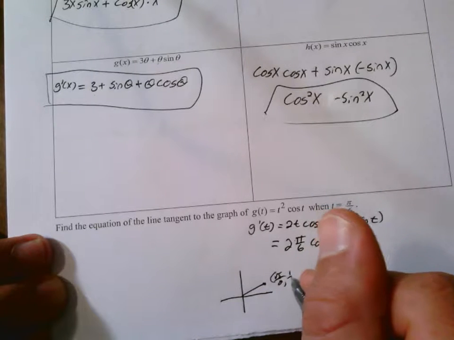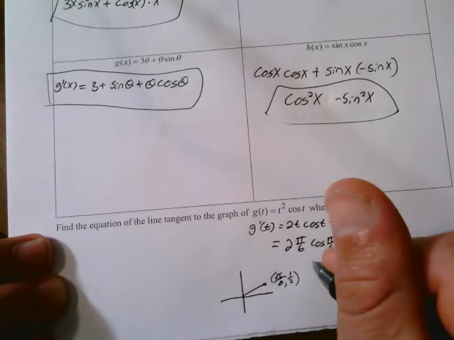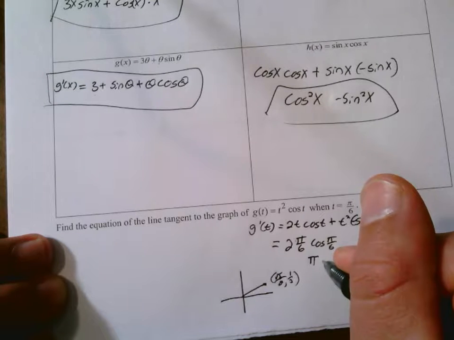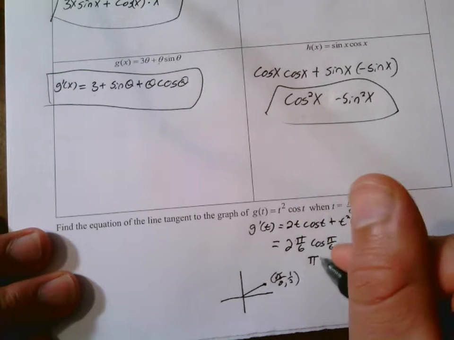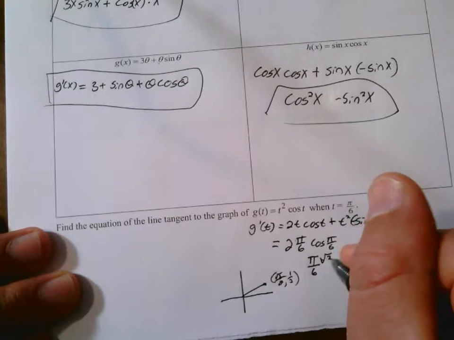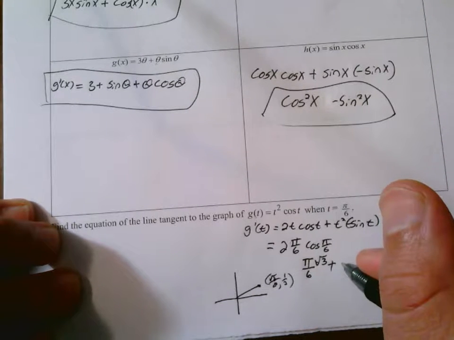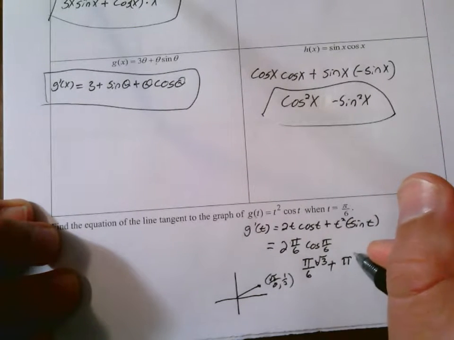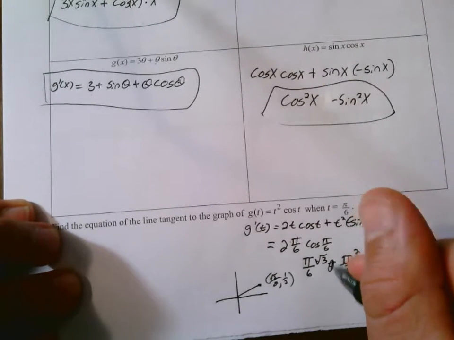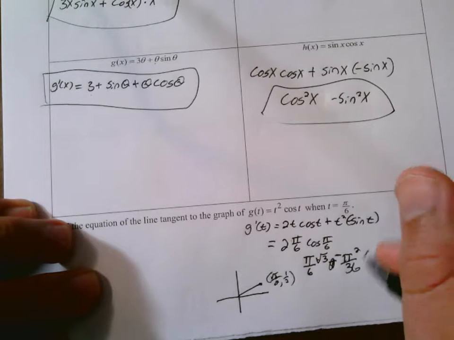So cosine of pi over 6 is square root of 3 over 2, so my 2's cancel, so I get pi times square root of 3 plus pi squared over 36. It's going to be minus. I'm bringing my minus out front. And then sine of pi over 6 is 1/2.